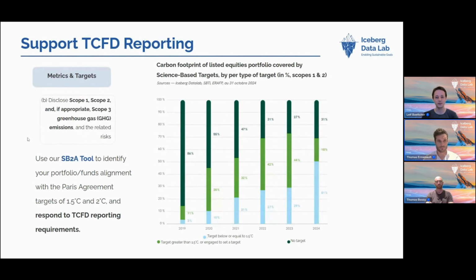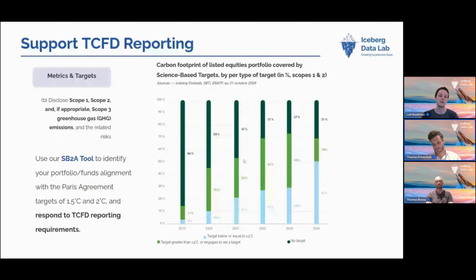Yeah. And instead of just looking at the values, they said, okay, maybe let's go a little more into detail and see what groups of performers we have in our portfolio. So the light blue ones would be the very good ones that are even below 1.5 degrees. And then the light green ones are the medium class, and then the dark green ones are the ones that are maybe not performing so well.